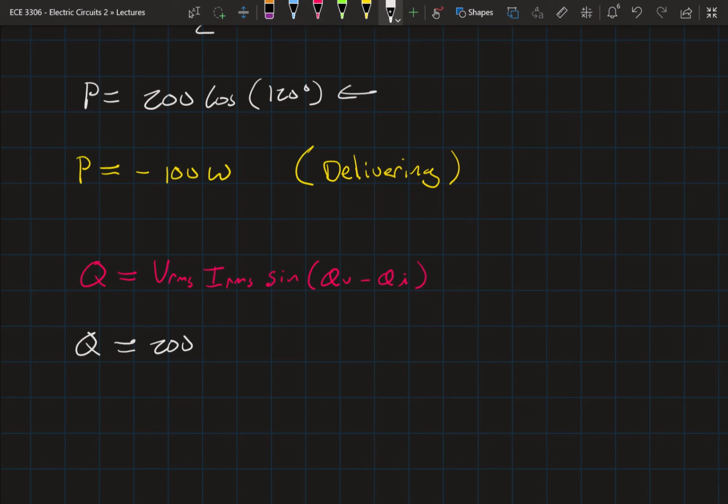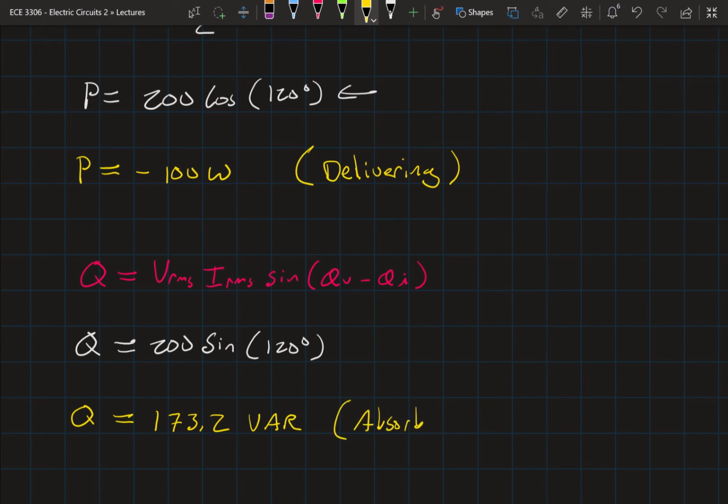So it's 200 times the sine of 120 degrees, and that's equal to the final answer: Q is equal to 173.2 VARs. And since it's positive, we know that it's absorbing those VARs. And there we go.